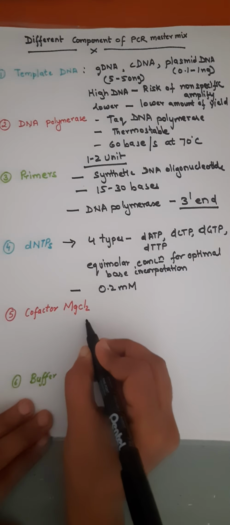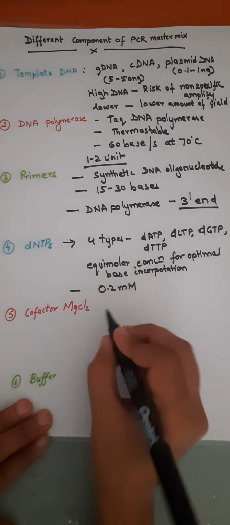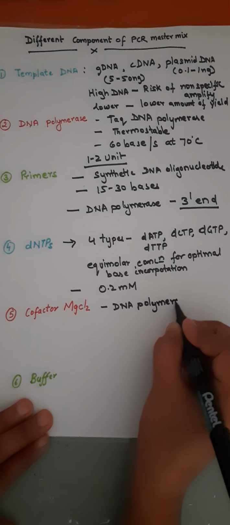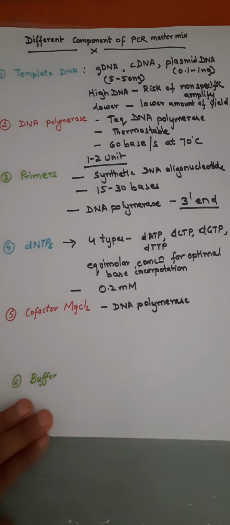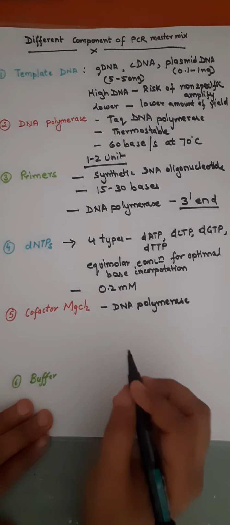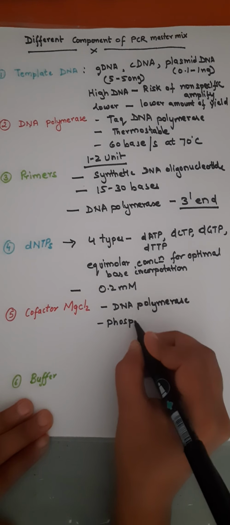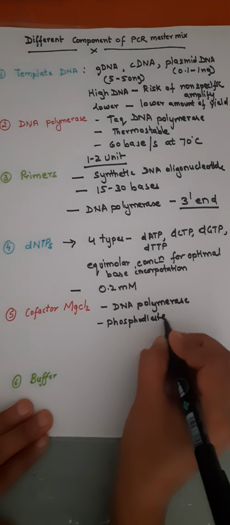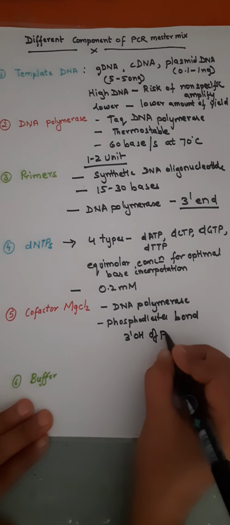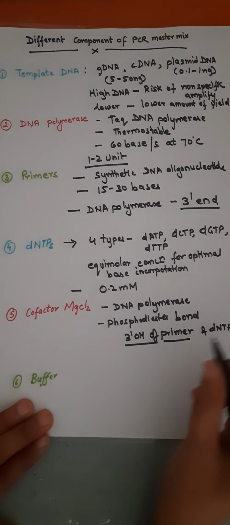Then comes the cofactor MgCl2. MgCl2 is very important because it's a cofactor for the activity of DNA polymerase, and it enables incorporation of dNTP. Magnesium ions at the active enzyme sites catalyze the formation of the phosphodiester bond between the 3' hydroxyl group of the primer and the dNTP.